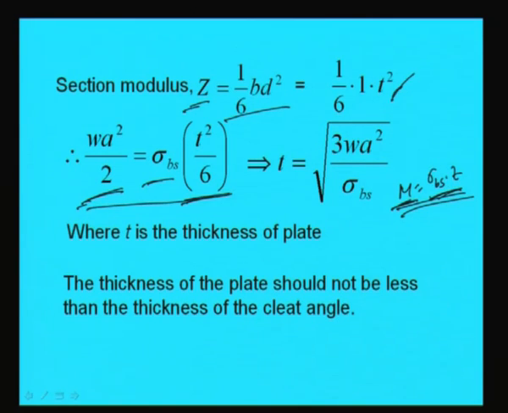Equating these two equations, we get the thickness of the plate T equal to the square root of 3Wa² by sigma_bs, or we can write T equal to A into the square root of 3W by sigma_bs, where W is the pressure coming on the plate, A is the cantilever portion that is hanging, and sigma_bs is the allowable bearing stress in the plate, that is generally 185.